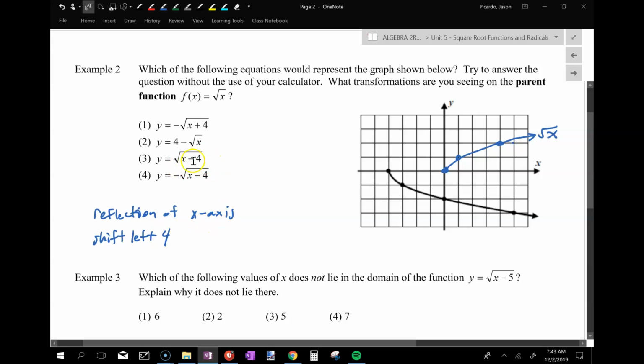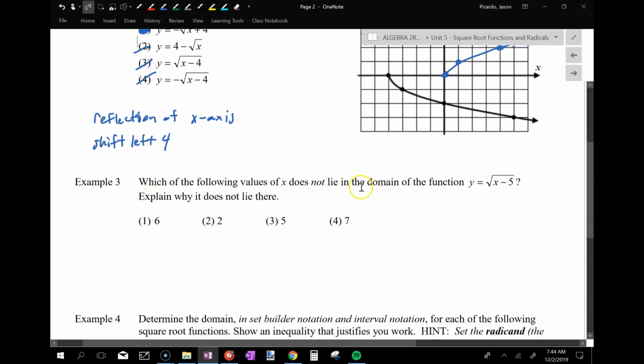This would be a shift where? To the right. This would be a shift to the right. So it's not going to be this or this. And if I look at this one, guys, has this one been shifted left or right at all? No. So the only one that makes any sense at all would be that first choice, because this shifts left 4, and this is a reflection over the x-axis. Cool?